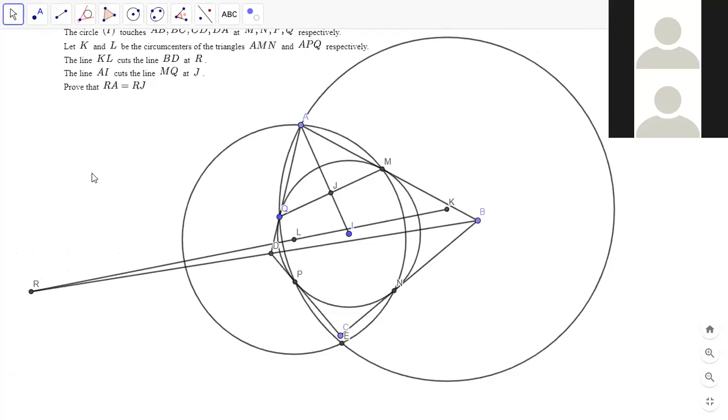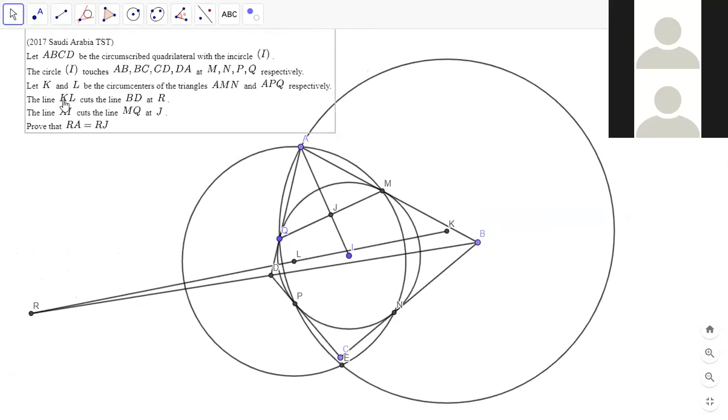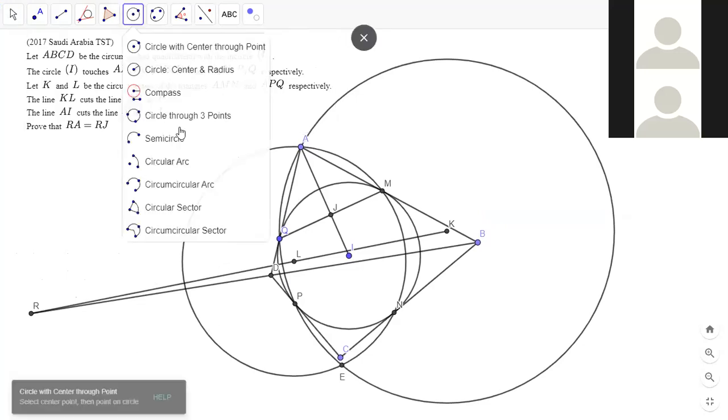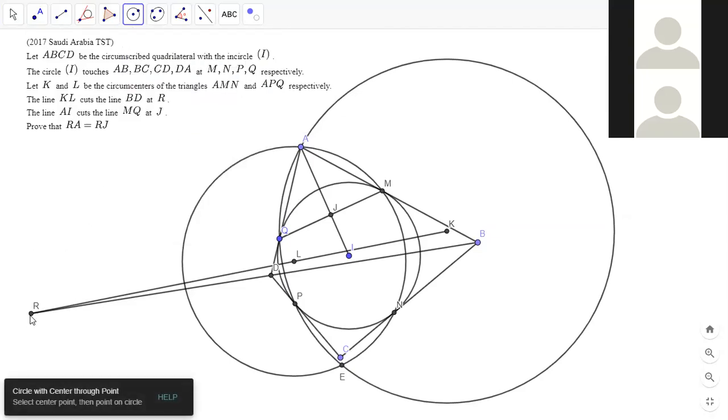Basically, we want to show R as a circumcenter of AJE. I think that circle through that point with center R is orthogonal to the incircle of that quadrilateral. Okay. Interesting.